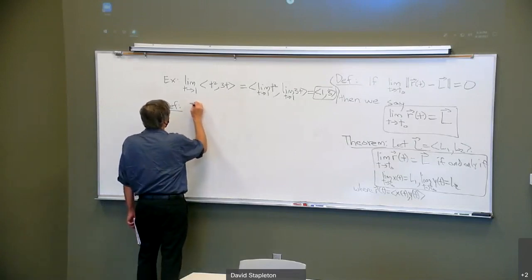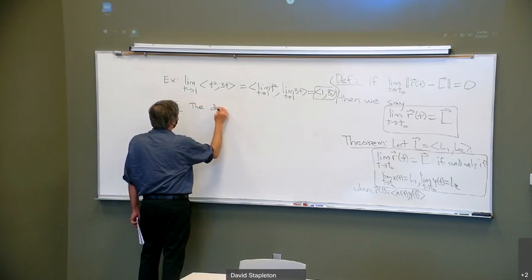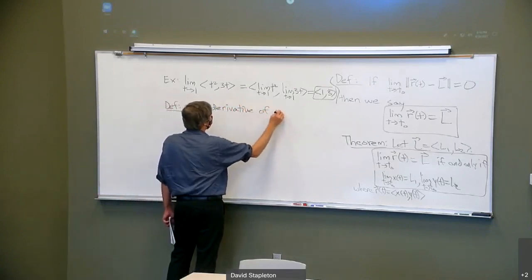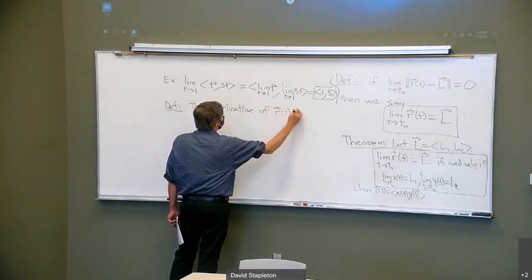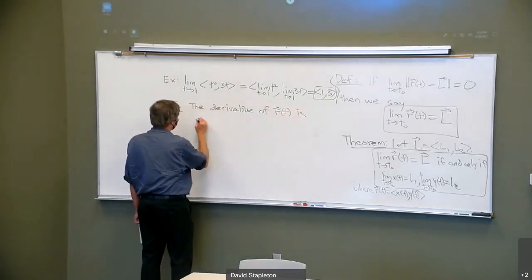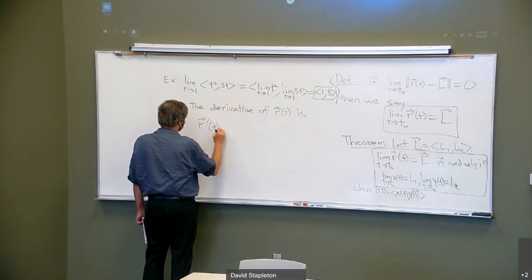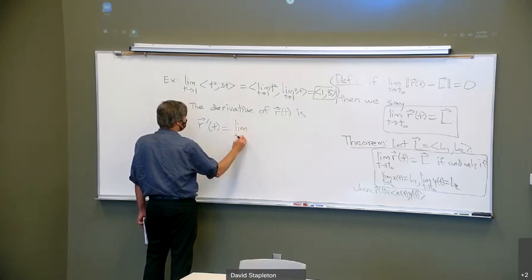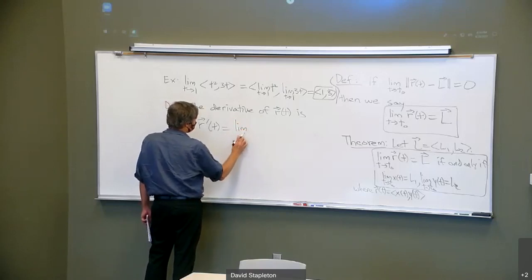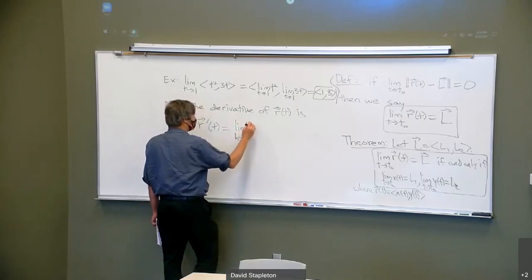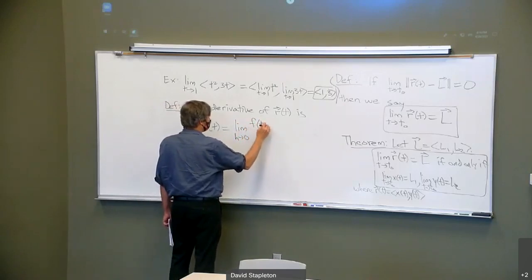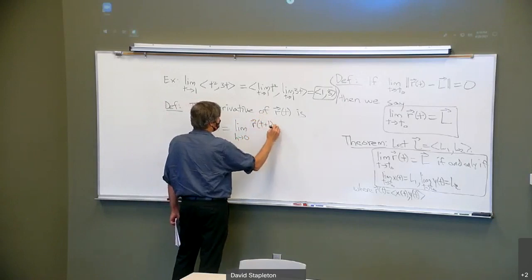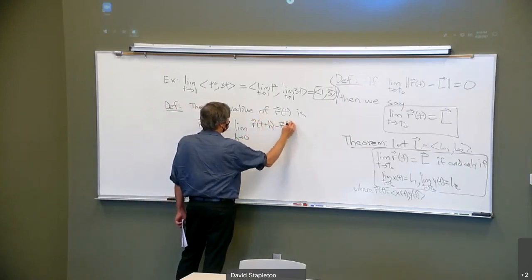We'll say that the derivative of a vector value function, R of t, following what would be the most natural thing in the world to call the derivative, is the limit as h goes to 0 of r of t plus h minus r of t, all over h.